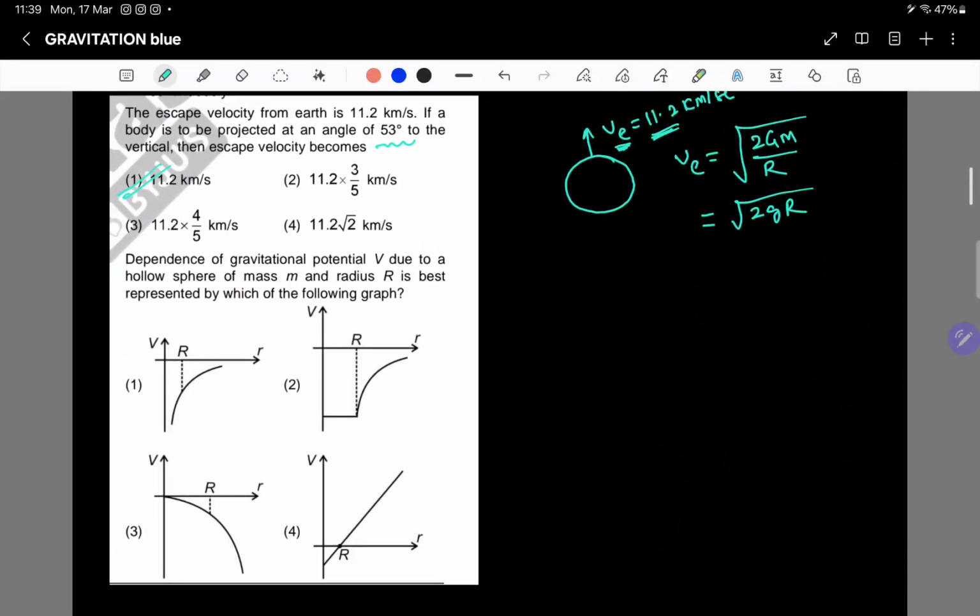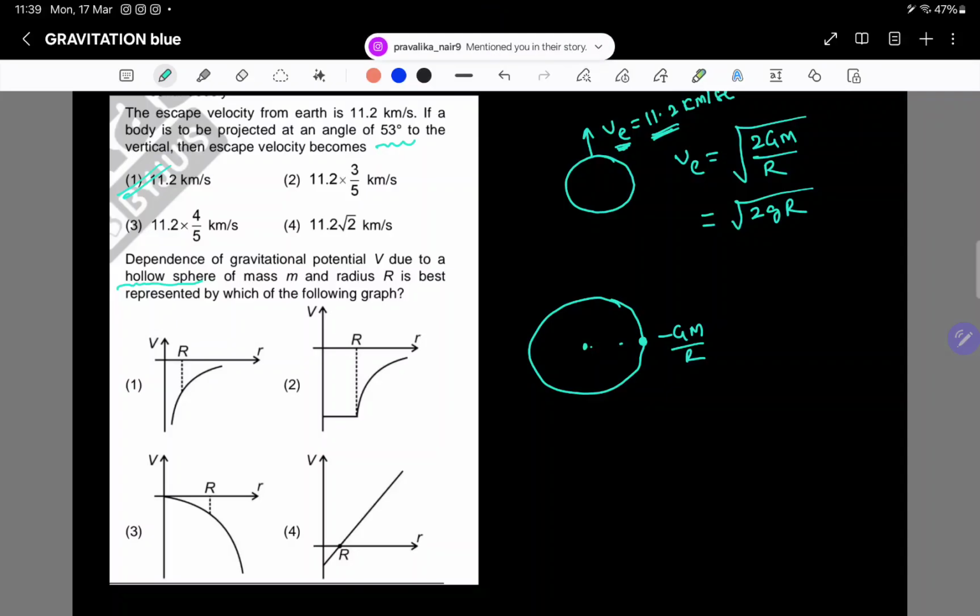Next. Dependence of gravitational potential V due to a hollow sphere of mass m. Hollow sphere, students. For a hollow sphere, the potential on the surface is maximum, minus GM by capital R. Inside also the potential is constant, students.